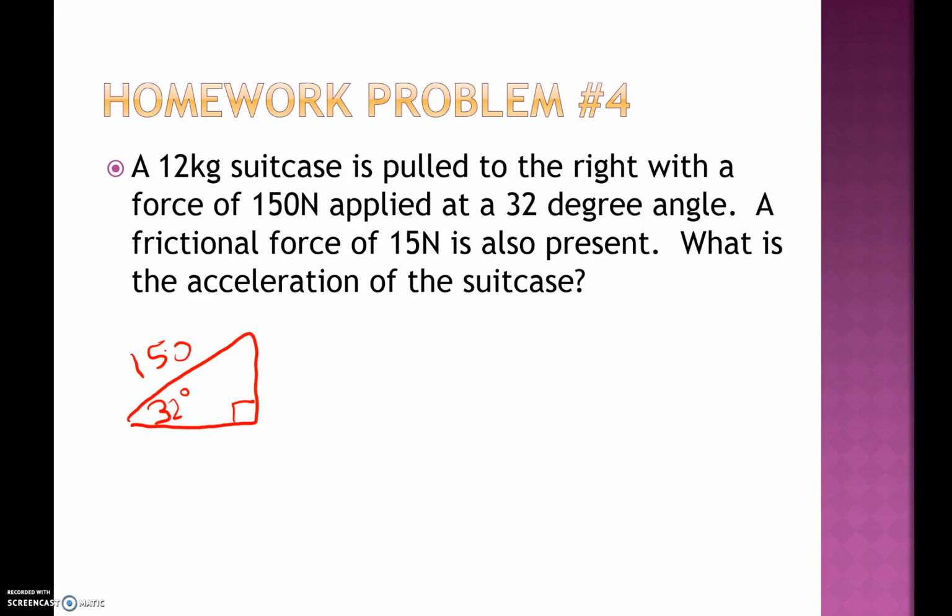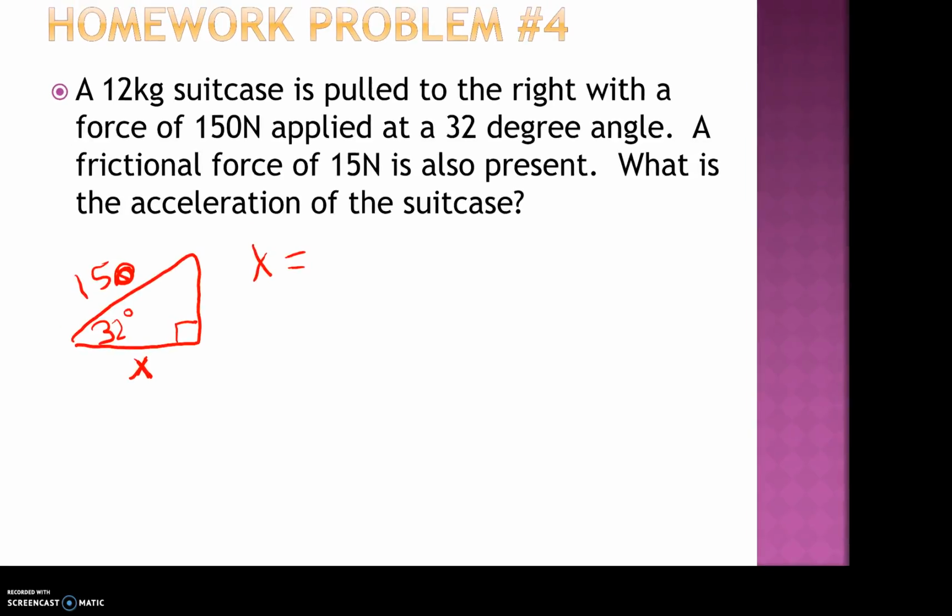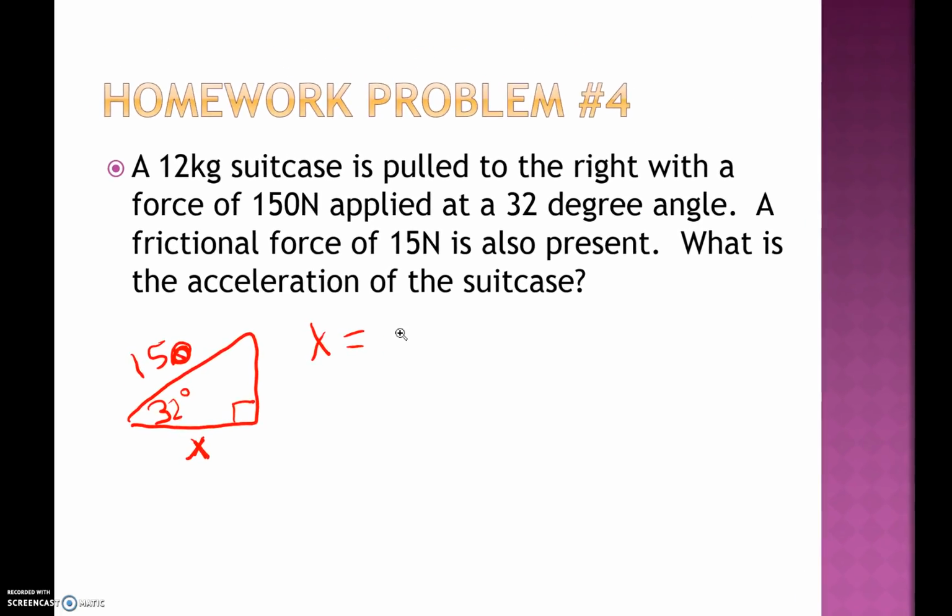Now, since the suitcase is being pulled to the right, we're worried here about horizontal motion, not necessarily vertical motion. So that's what we need to find, what x is. Now remember, to solve for x, we would do the cosine of 32.